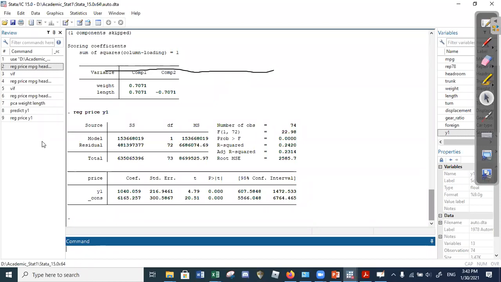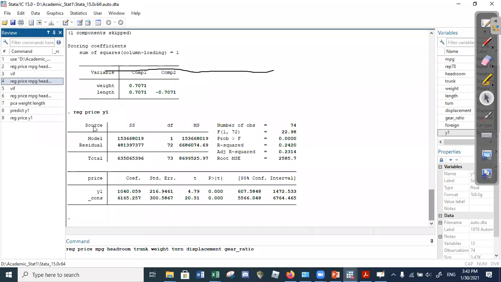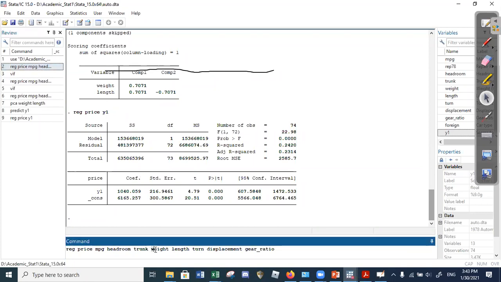But you can also just fit a model like this, sorry, this one. And over here, you can just remove the variables weight and length, and you can replace with y1 over here.